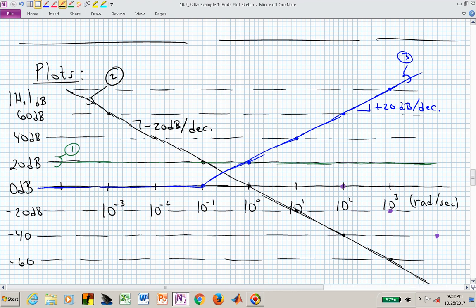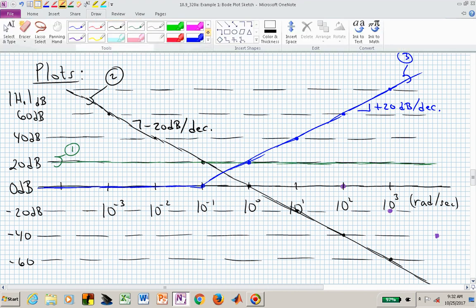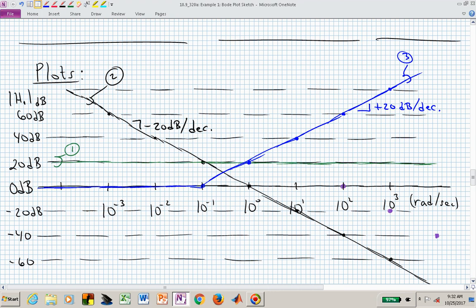And finally, we have our single pole at 100. Let's now see if I can get the color correct, and it's 0 dB until we reach its frequency or break value, which is 100, and then a decade beyond, or at 1,000, it'll be at minus 20.